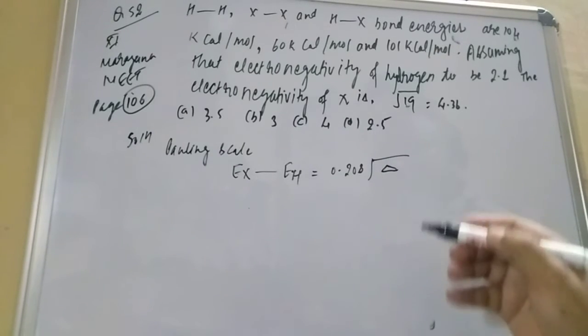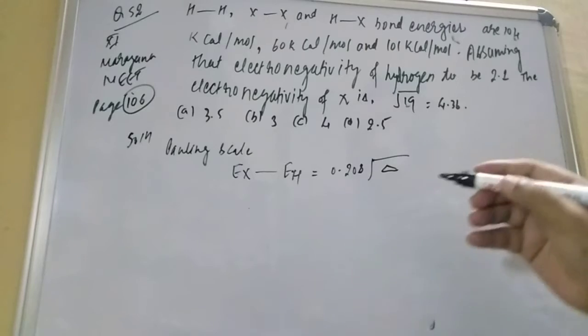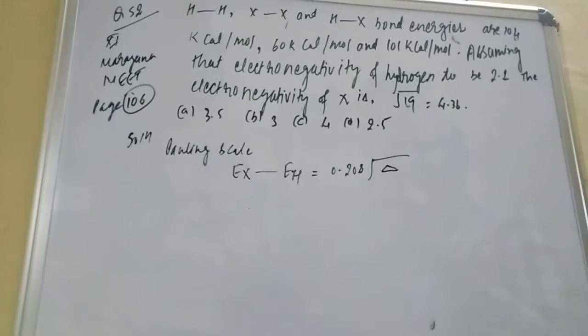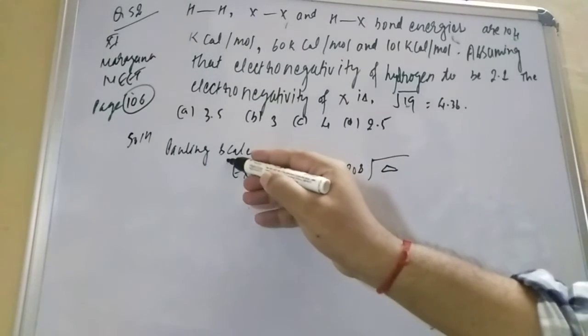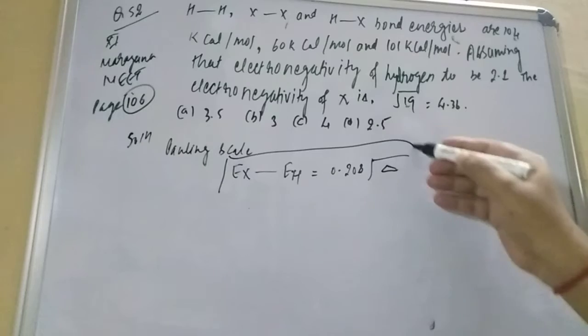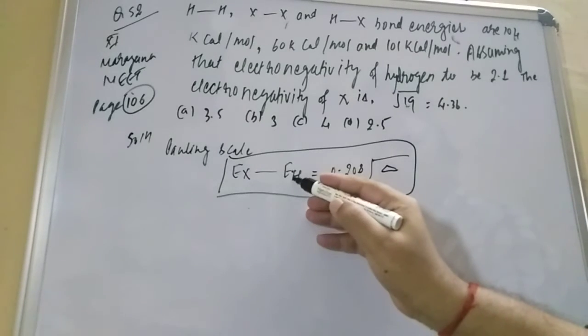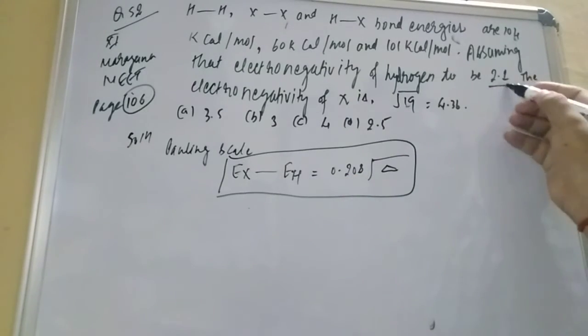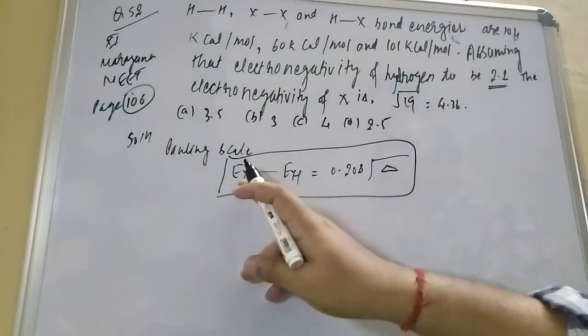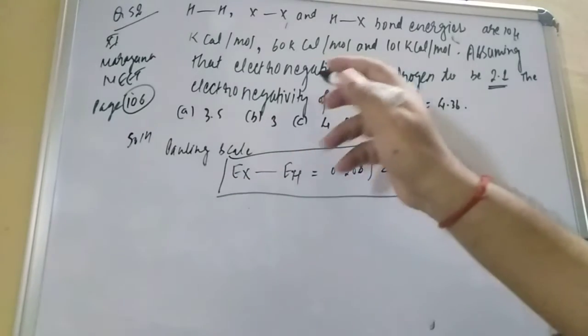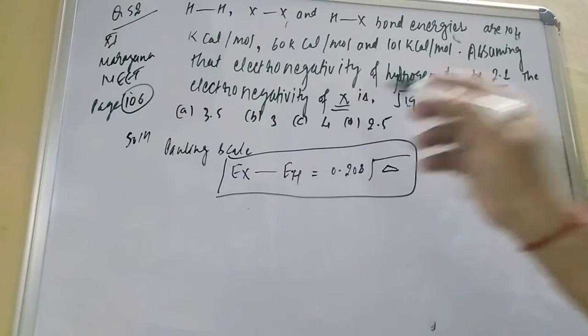You can say delta, or delta HB, the bond enthalpy. From this equation we can easily find it, because the electronegativity of hydrogen is given as 2.1, and the electronegativity of X is what they are asking in the question.